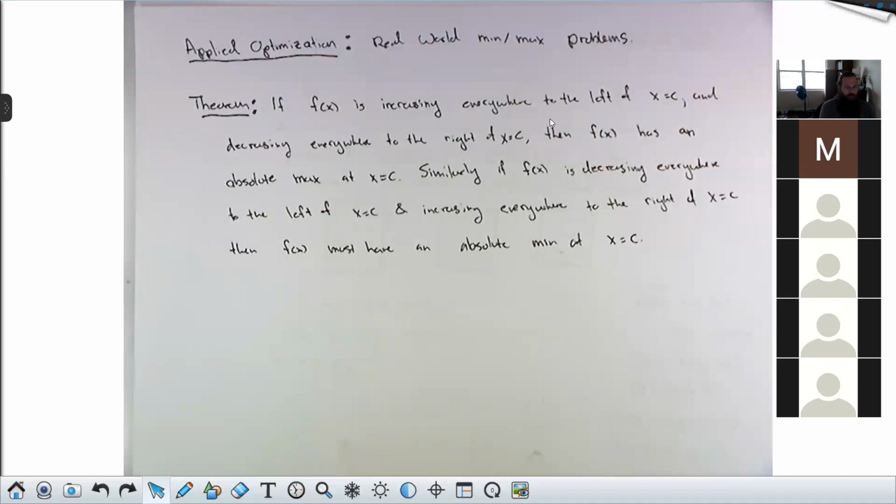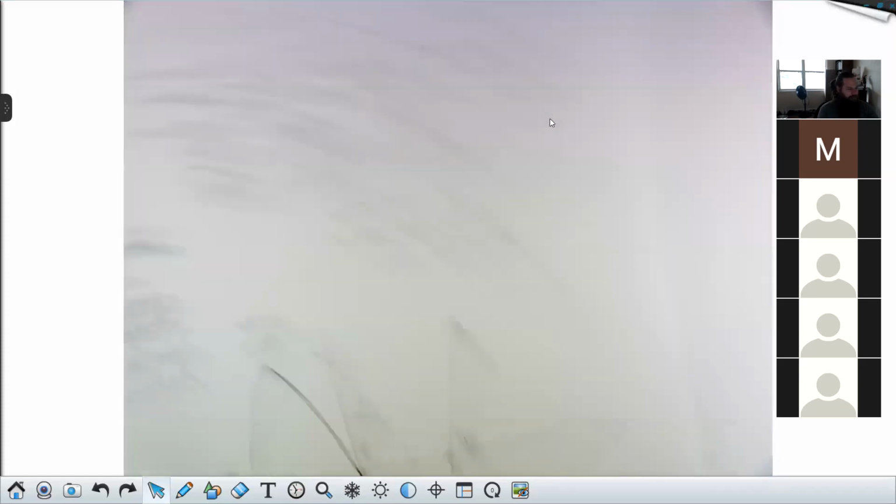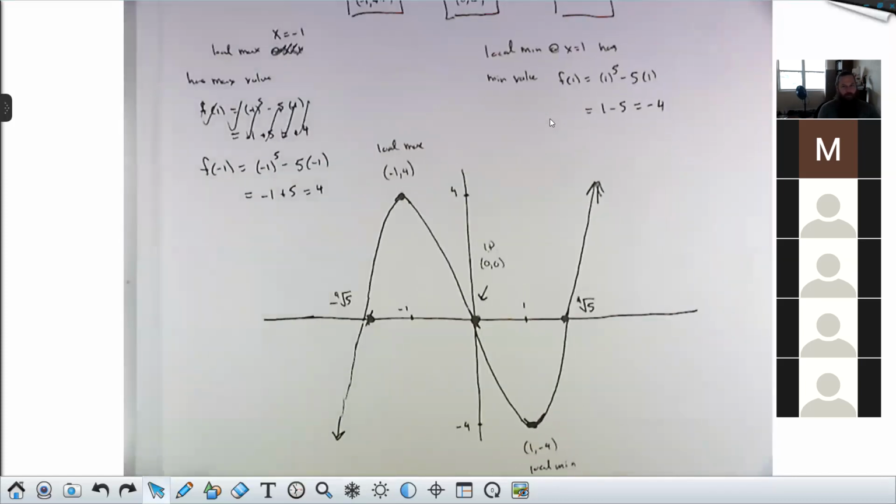But in this setting, our function won't usually be restricted to a closed bounded interval. And so if there is an absolute max, it will be the largest of all the local maxes. And if there is an absolute min, it will be the smallest of all the local mins. But in general, that's not true. If you look at just the function that we graphed a second ago, this only has one local max.